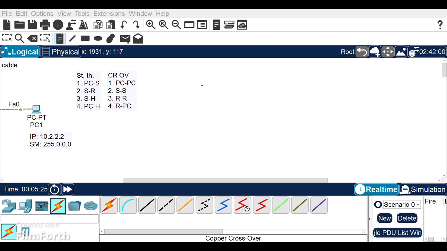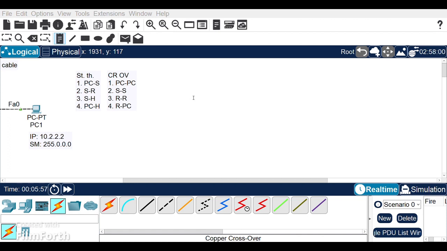Pin 1 is for sending of data. Just think, we have an Ethernet LAN cable, and pin 1 is sending the data to one device, and on the other end the function of pin 1 is also sending the data. When these two ends are sending data, they collide, which leads to crosstalk.